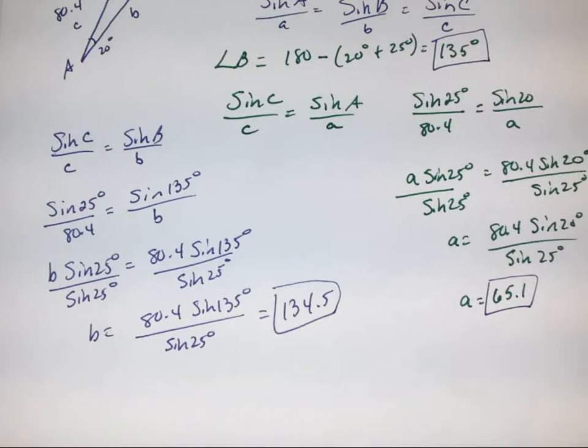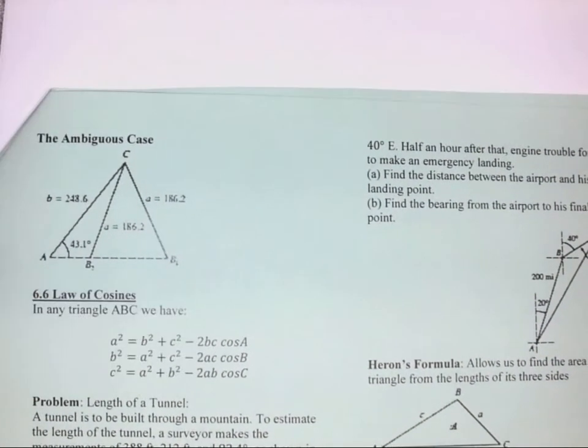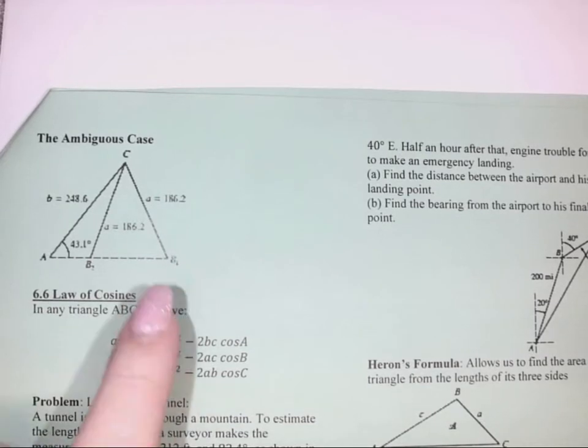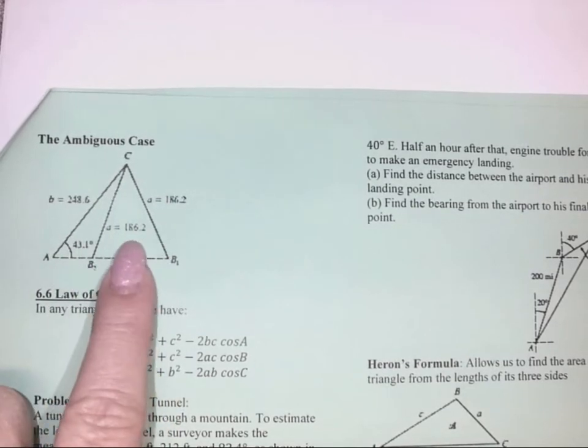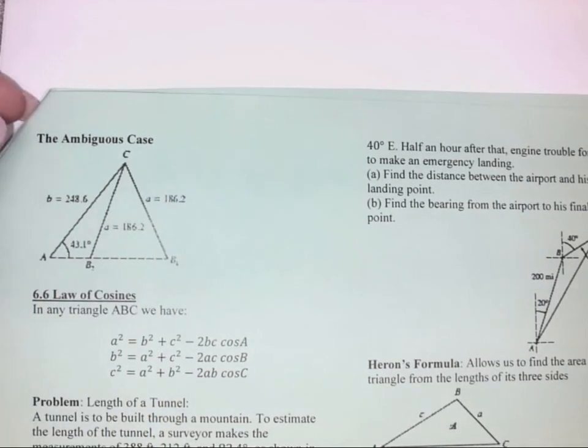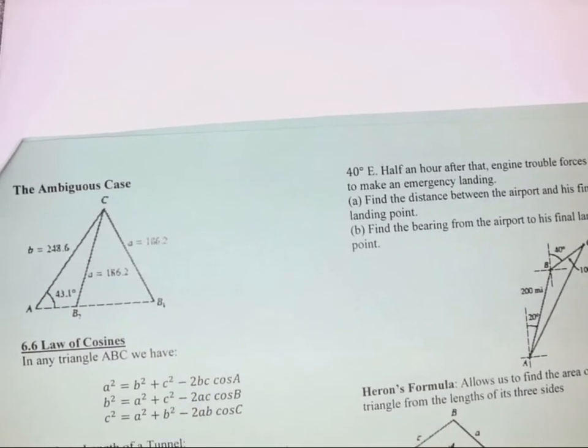All right, so the next thing that we are going to look at is the ambiguous case. So on the ambiguous case, what I also want you to know is we are doing the law of sines. We are dealing with angles that are not right triangles, so we cannot use the Pythagorean theorem. That's a big key. So ambiguous case means we can actually get a possibility of 2 solutions for our triangle, just depending on what happens.